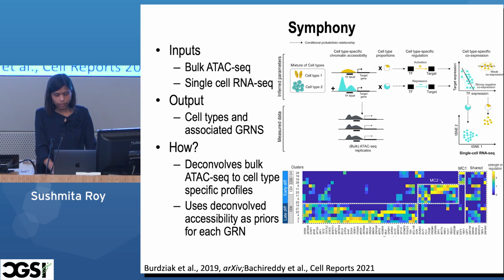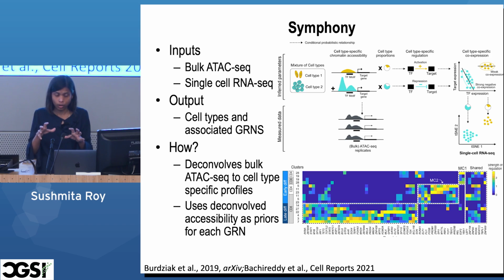I'll talk very briefly about three methods. The first method is Symphony, from Dana Pe'er's group. This method takes in bulk ATAC-seq data and single-cell RNA-seq data, and it is able to deconvolve the ATAC-seq data into cell-type specific accessibility, and then use that deconvolved cell-type specific accessibility as priors on the graph structure.